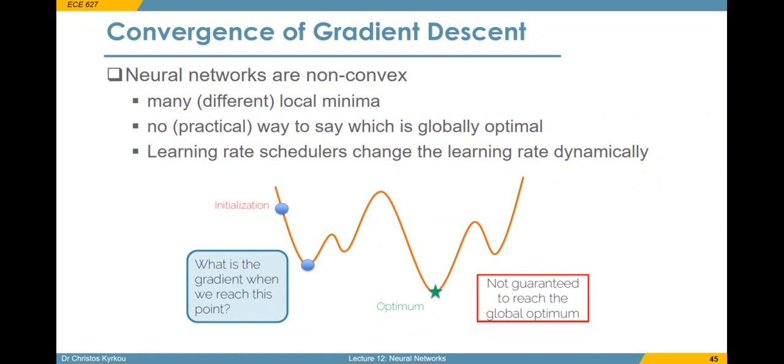The only way to escape is to increase our learning rate so that the weights change values at a larger rate, and so we can escape and move to another part of the loss function. To do that, a lot of people use adaptive learning rates and learning rate schedulers, where basically you start off with a small learning rate, and you may increase it or decrease it depending on how the loss function is increasing or decreasing.